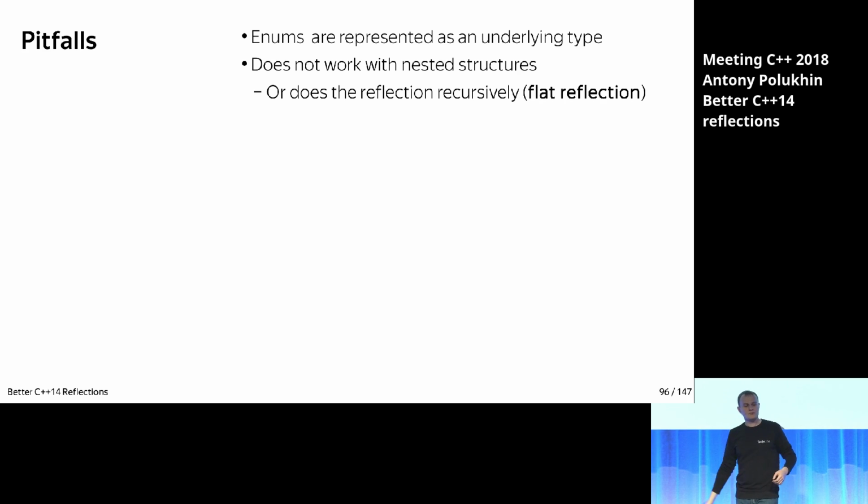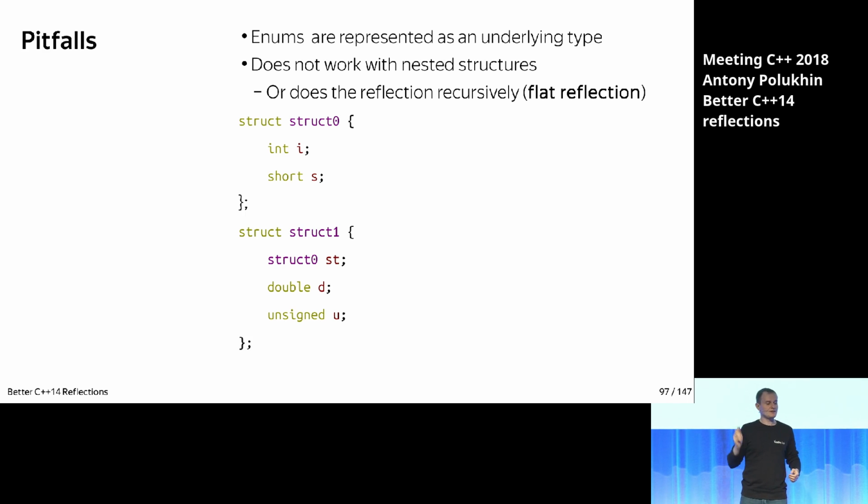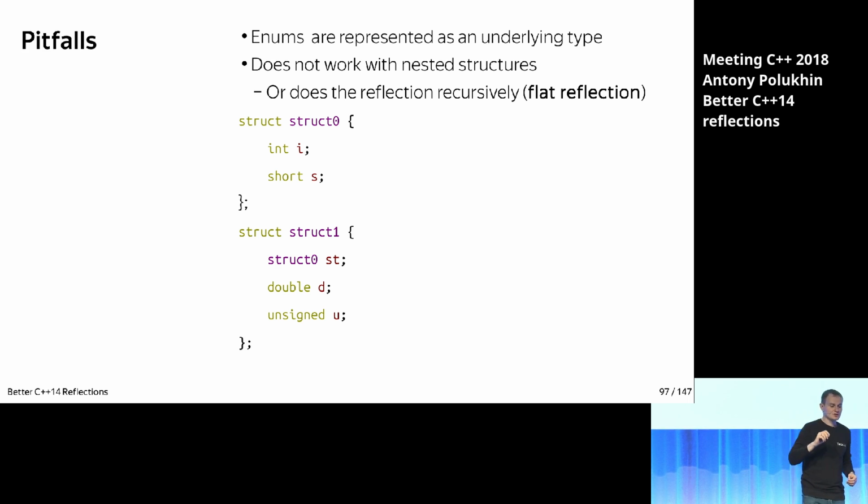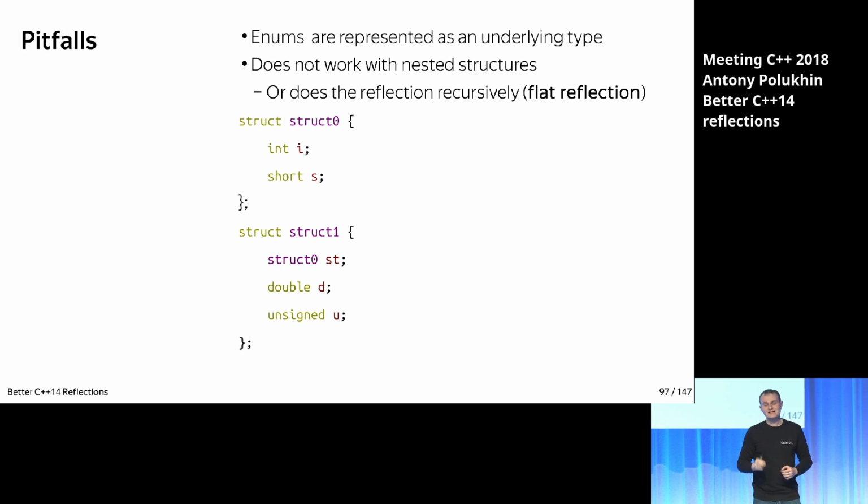In Boost PFR library, it's called flat reflection. And here's how it works. We've got structure 1 and structure 0. User asks us to reflect the structure 0, and user asks us to reflect structure with number 1. And that structure has a structure 0 as one of the fields.